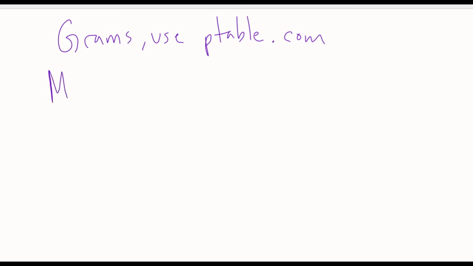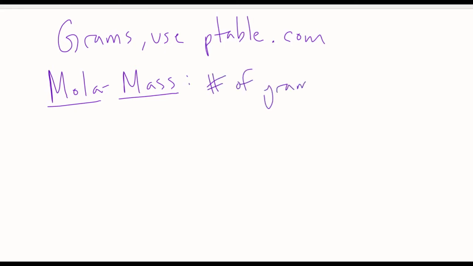This video is really all about molar mass. Mass, remember, is grams. So this is going to be the number of grams of a specific element that equals 1 mole.